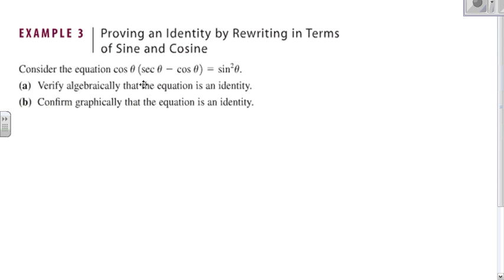So let's go ahead and take this left side and let's distribute. We're just going to treat it like we are simplifying this, but basically they give us the answer of what it should look like when we're done. So cosine times secant, when we distribute, and cosine times cosine would be cosine squared.